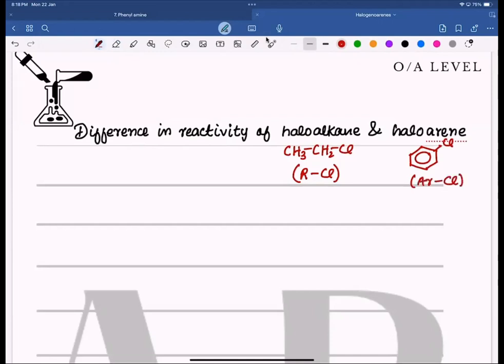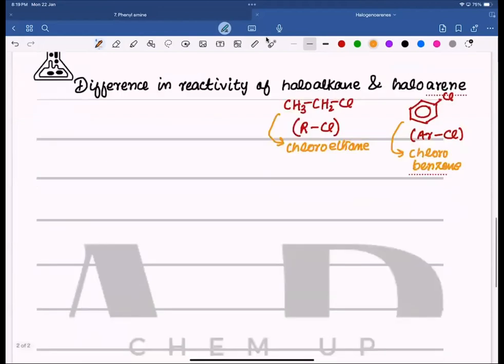Ar refers to the benzene ring. This one is specifically called chloroethane, and this one is specifically called chlorobenzene.